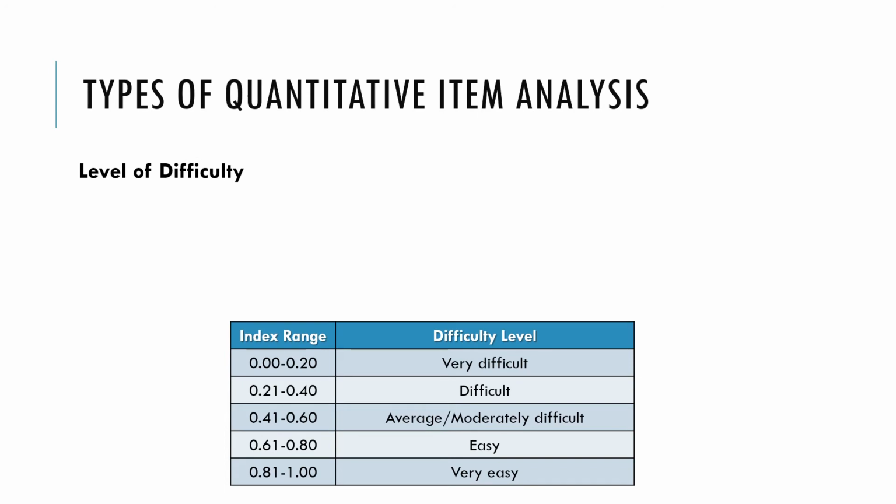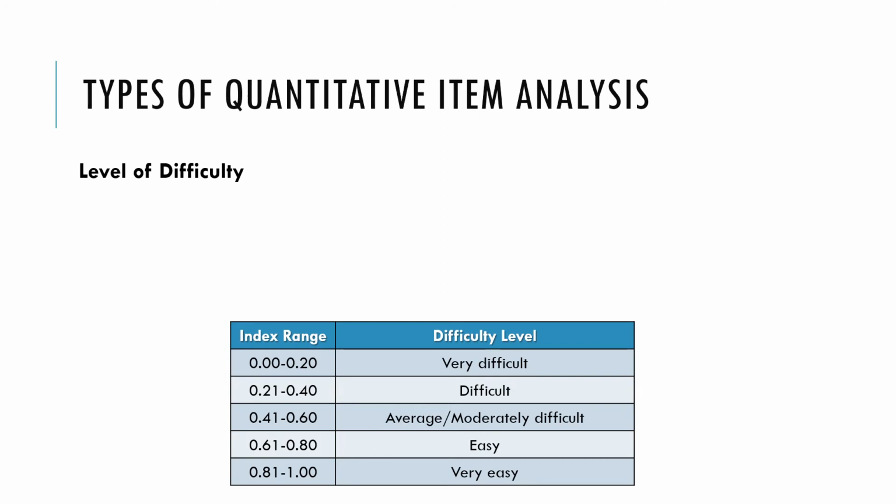We have 0 to 0.20, very difficult, 0.21 to 0.40, difficult, 0.41 to 0.60, average or moderately difficult, 0.61 to 0.80, that is an easy item, 0.81 to 1, very easy.